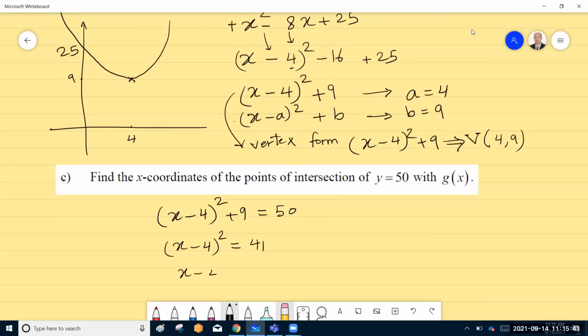So x minus 4 may be positive or negative root 41. This implies x has two values, 4 plus or minus the square root of 41, and these are the exact values of x where the function g intersects the line y equals 50.